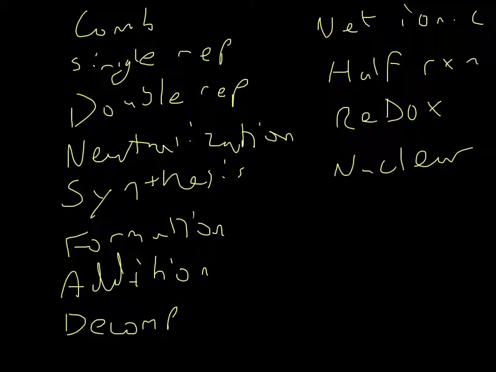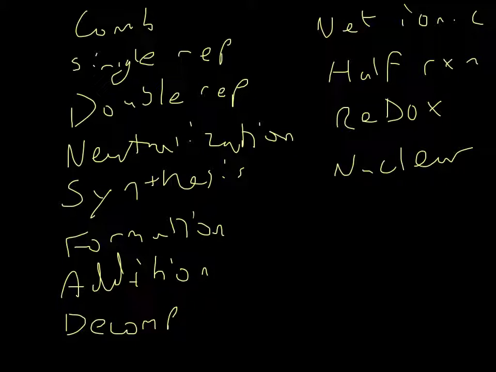So here is a list of most, if not all, of the reactions you'll see in your year of chemistry. We have combustion, single replacement, double replacement, neutralization, synthesis, formation, addition, decomposition, net ionic, half reaction, oxidation, reduction, or redox, and nuclear.